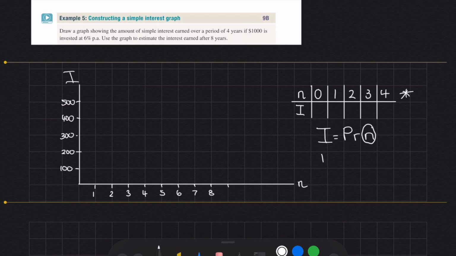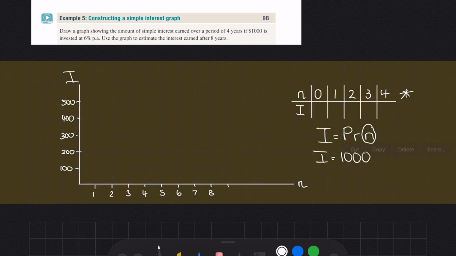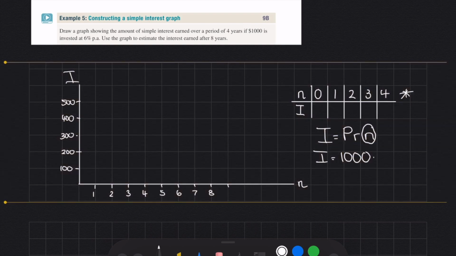So we know that it's 1,000 as our principal times 0.06, which is our rate, times N. When you put 1,000 times 0.06 into your calculator, you get 60. So the interest is equal to 60 times N.